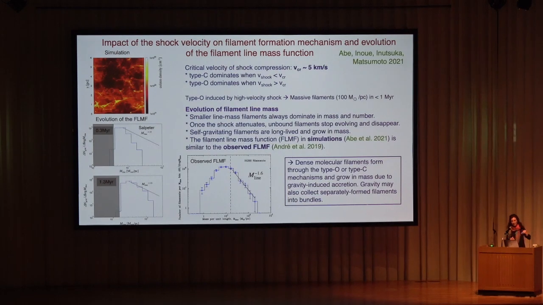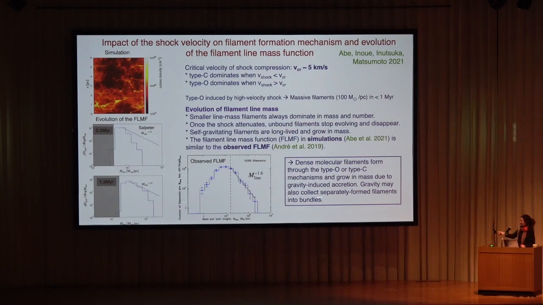But once a filament is self-gravitating, it is long-lived and grows in mass by accreting surrounding matter. So to summarize, dense molecular filaments form through type O and type C mechanisms, and then grow in mass through gravity-induced accretion. And gravity can also be important in collecting filaments that are formed separately into bundles.